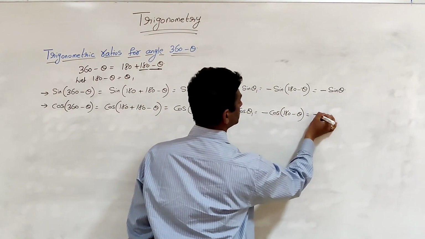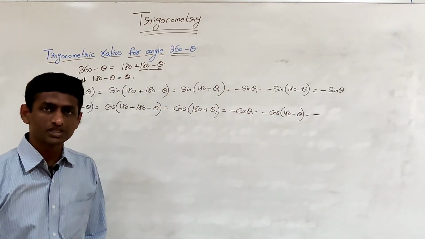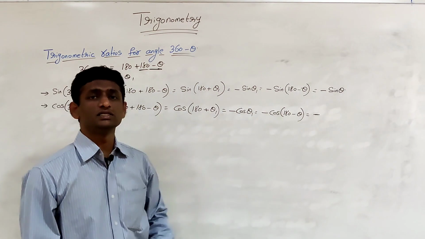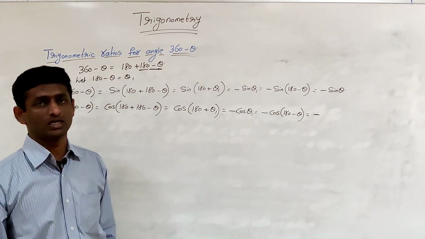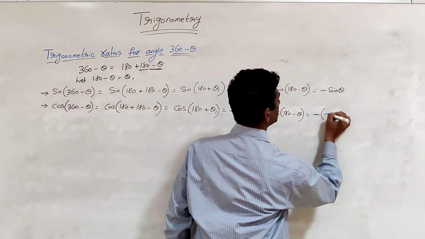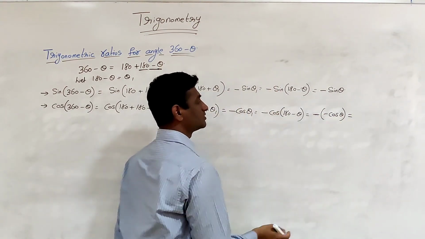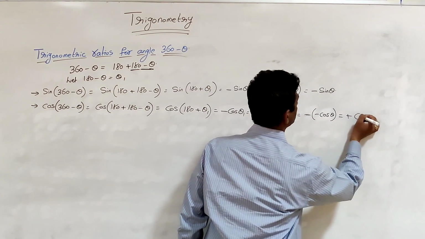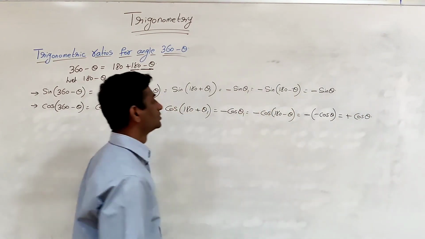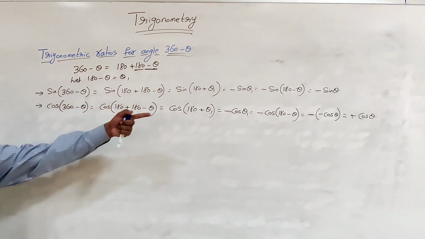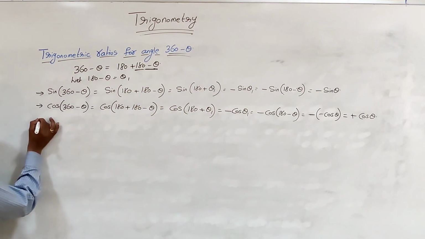As there is a minus, I have kept it as this. Cos of 180 minus theta is minus cos theta. But now overall minus into minus becomes positive, so it will be plus cos theta. So cos of 360 minus theta is plus cos theta.